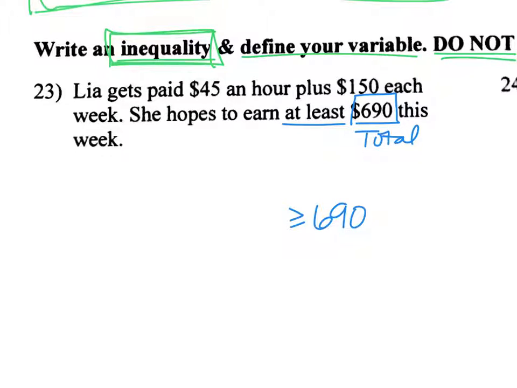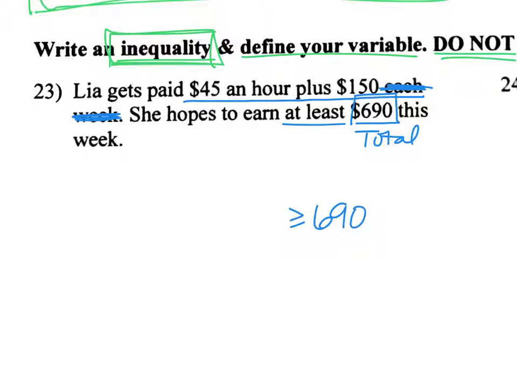All right, it says Leah gets paid $45 an hour plus $150 each week. Now, you may kind of have problems here because you have the word and the word each, so it looks like they're both rates, but this whole problem is talking about in a given week anyway. So $150 each week, that's kind of irrelevant because we're already talking about a single week.